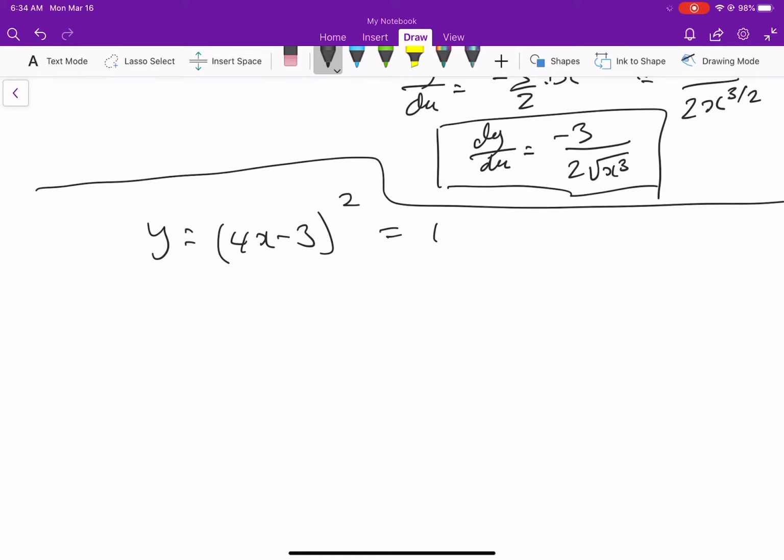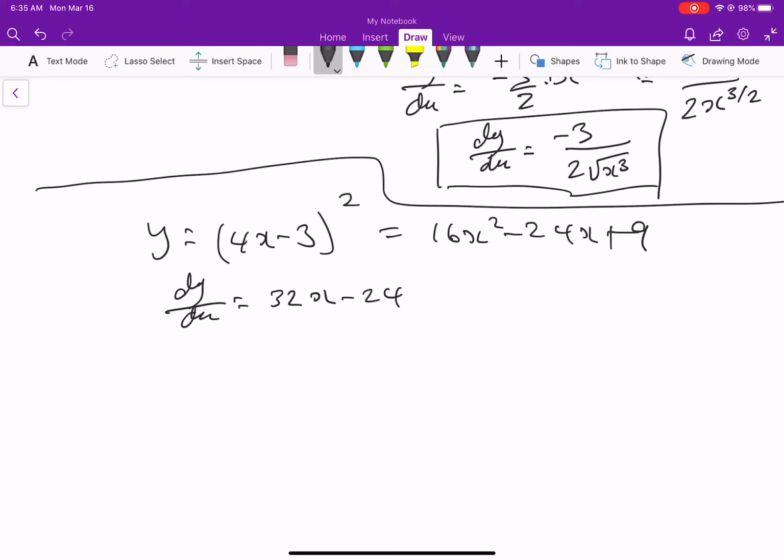Square the first, 16x squared, 2 times first times the second, 2 times 4 is 8, times 3 is 24, minus 24x, plus 9. Now that the function looks like a standard polynomial, dy dx can now be written as 16 times 2, 32x, minus 24 times 1, minus 24, oops, minus 24 times x to the 0, which is 1.